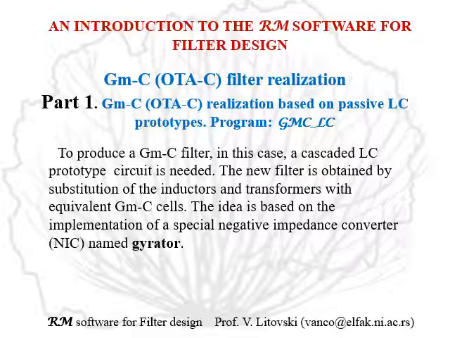To produce a GMC filter, in this case, a cascaded LC prototype circuit is needed. The new filter is obtained by substitution of the inductors and transformers with equivalent GMC cells. The idea is based on the implementation of a special negative impedance converter named gyrator.